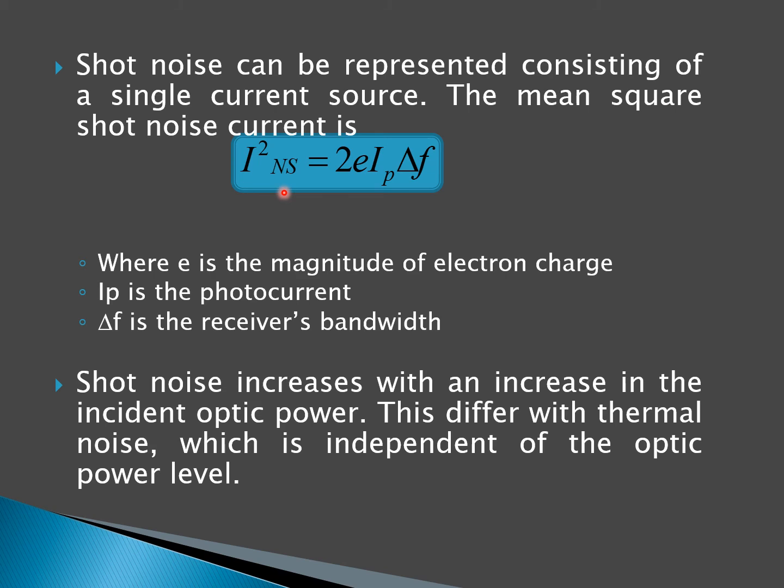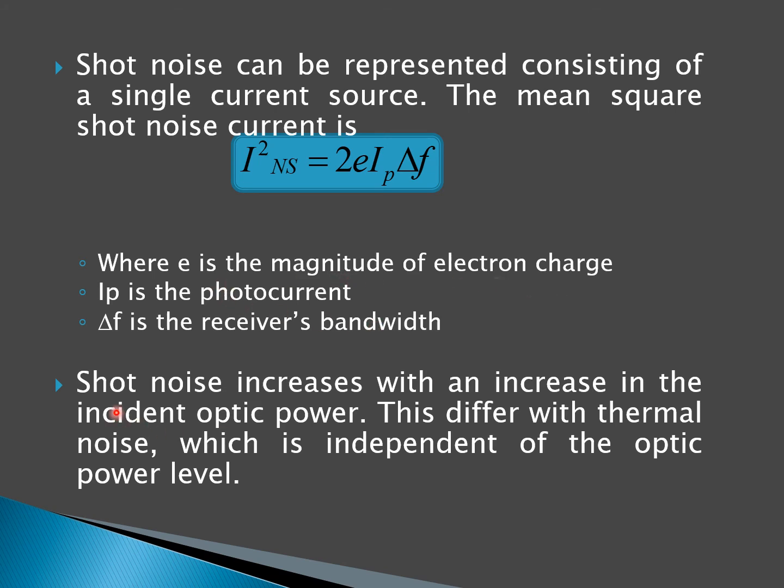If you just want to find the shot noise current, you need to take the square root of this value. The formula is I squared for shot noise current equal to 2e Ip, the photocurrent value, times ΔF, the receiver's bandwidth. e is the magnitude of electron charge.